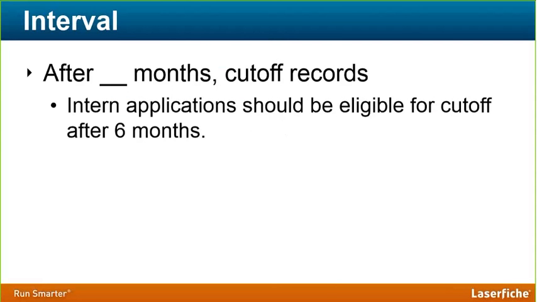Similar to time is an interval cutoff, but it's actually based on a cycle. After a certain amount of months, a record is going to be cut off. For example, internal applications should be eligible for cutoff after 6 months. So it's undergoing a cycle rather than a specific time.